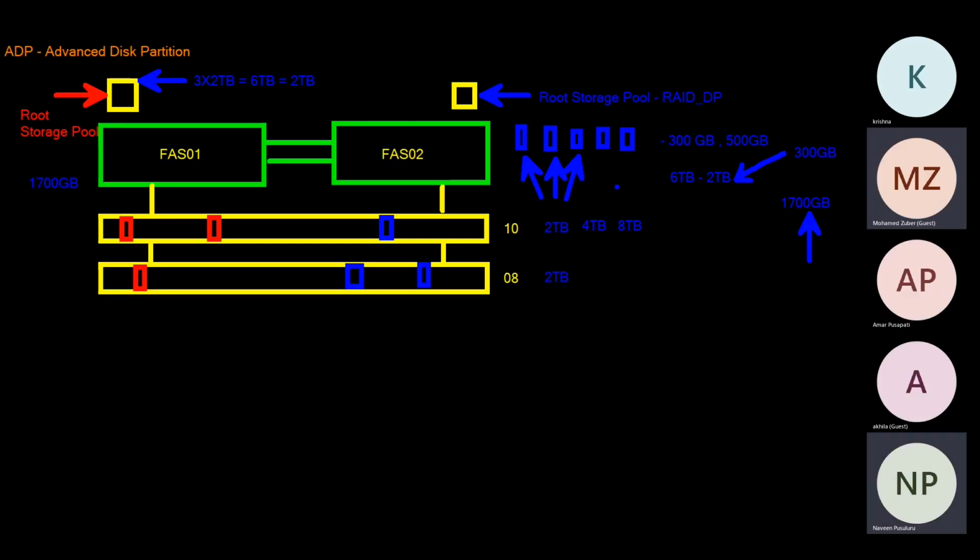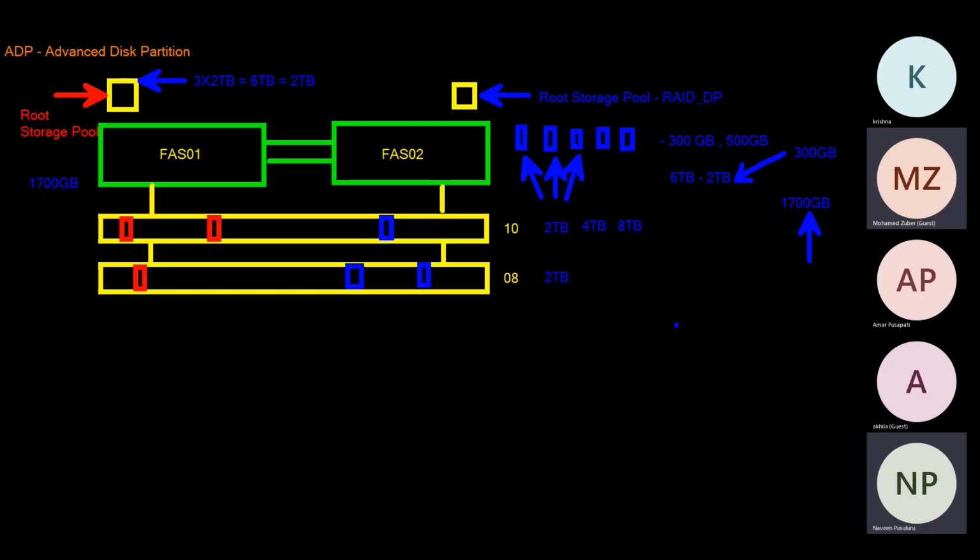Maximum, yes. I have never seen a root aggregate consuming more than that in my real time. It holds configurations only. For example, normally in your computer you have a C drive, right? What does it contain?